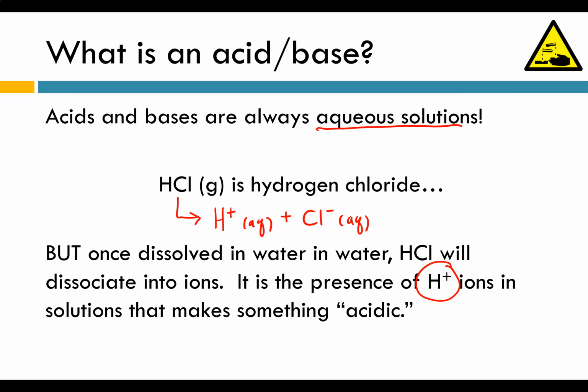You might be looking at this thinking, well, wait a second, isn't that a covalently bonded molecule? We know covalent bonds don't dissolve simply by adding them to water to form an aqueous solution. When it comes to acids, usually we're going to think of this bond as being a little bit more ionic in nature rather than covalent in nature. And we will see the hydrogen and chlorine splitting from one another to form these two ions.